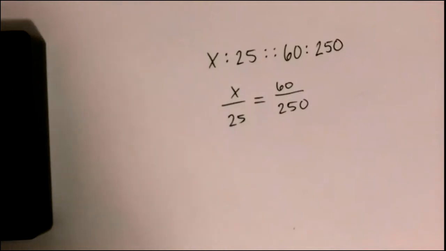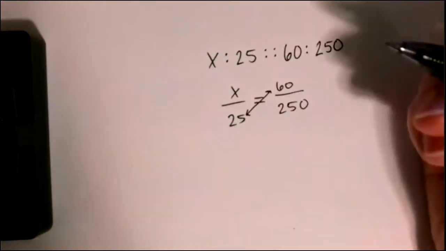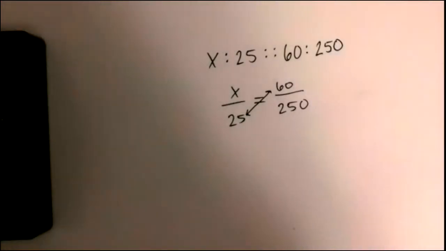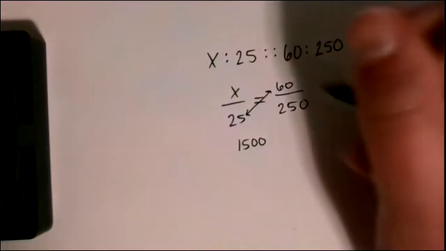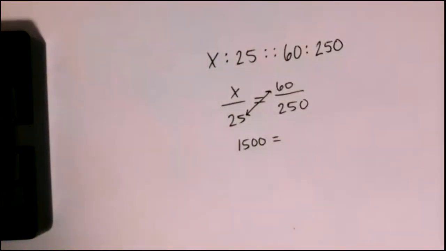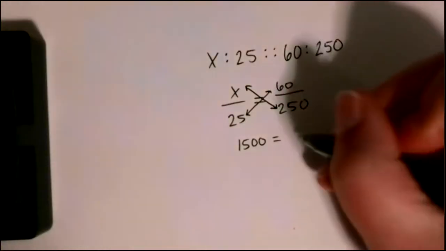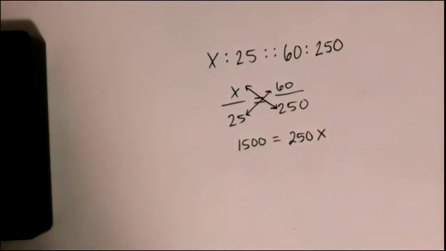Now I want to get x by itself, so I'm going to cross multiply. So 25 times 60, we can use our calculator here. 25 times 60 gives me 1500. Keep my equal sign and cross multiply this way. So I have 250 times x.